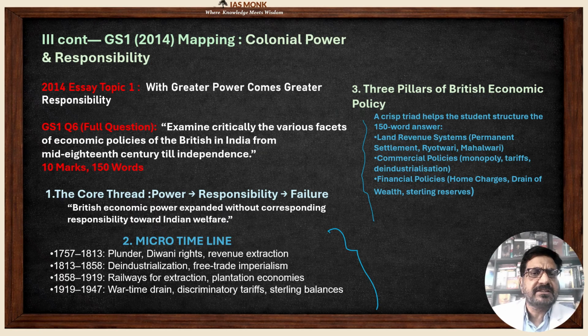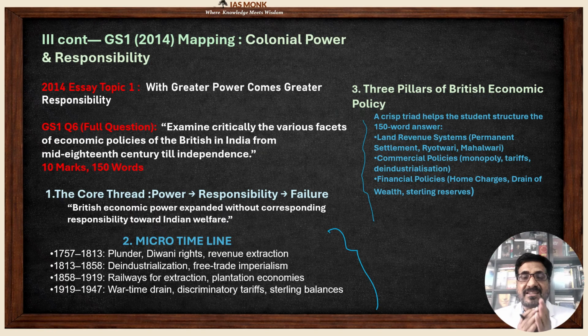Indian thinkers like Dadabhai Naoroji, the Grand Old Man of India, and R.C. Dutt analyzed these patterns as a deliberate drain of wealth. Viewed through the GS Paper 1 lens, these outcomes show how economic policy reshaped society and how unchecked power becomes structural injustice.